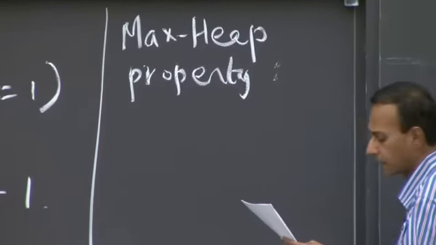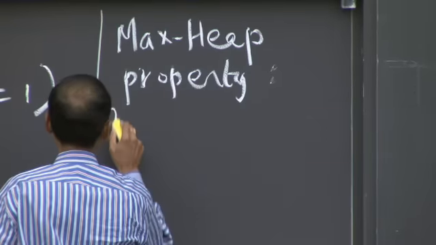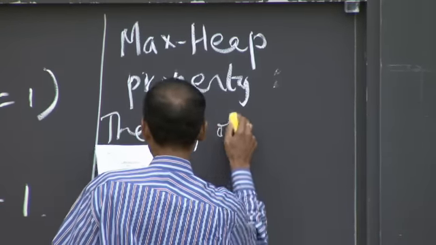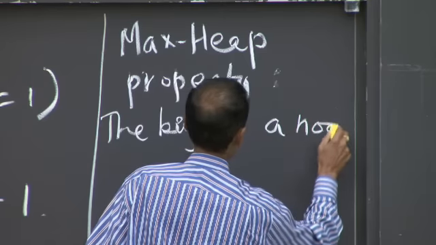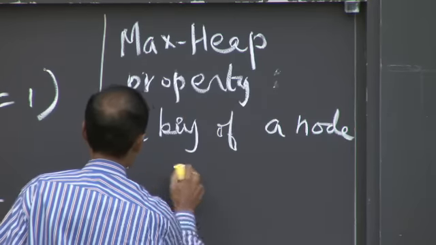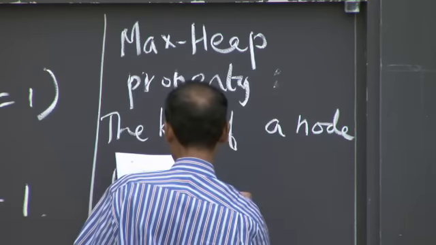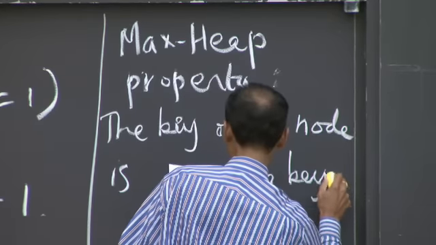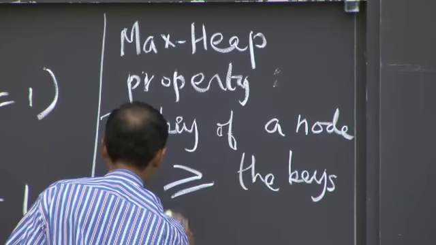And the max heap property says that the key of a node is greater than or equal to the keys of its children.